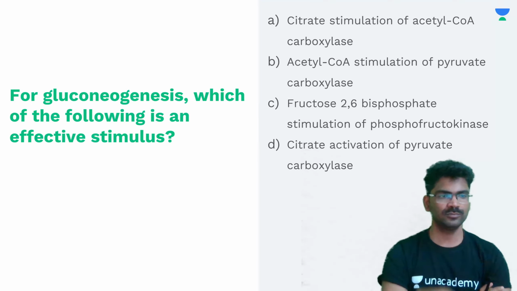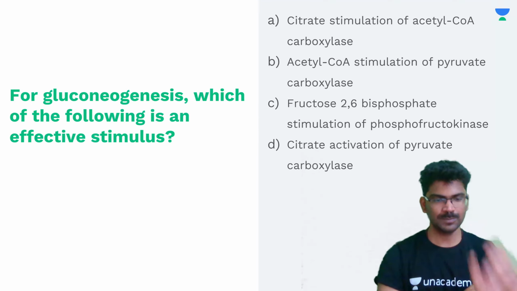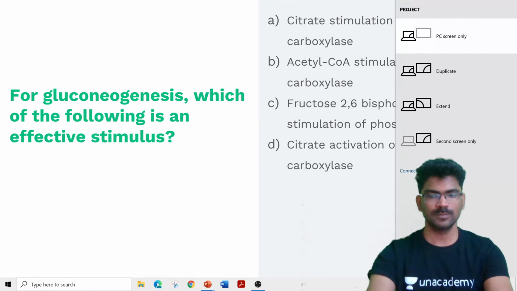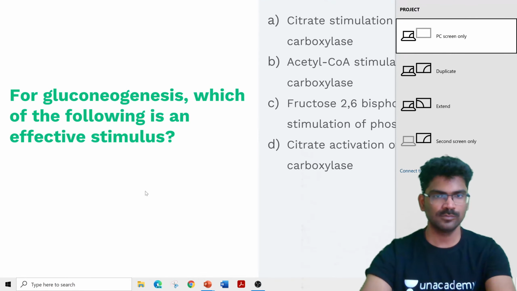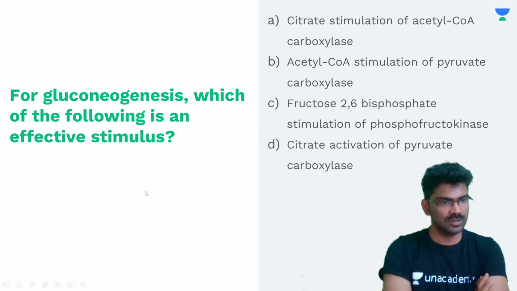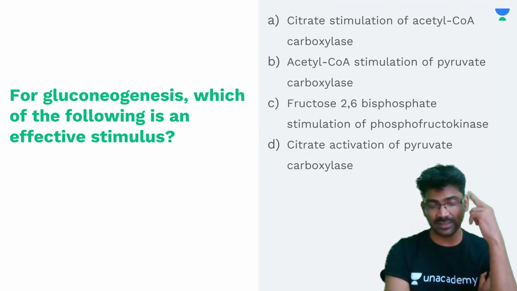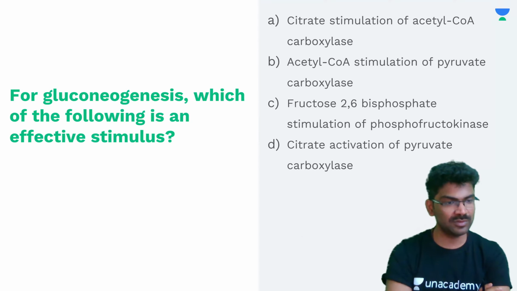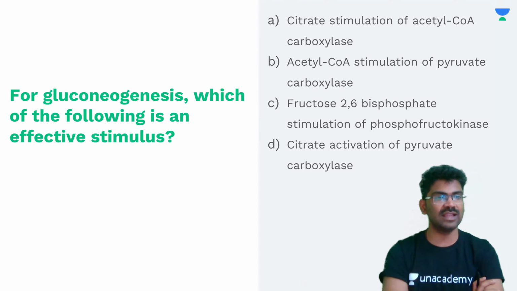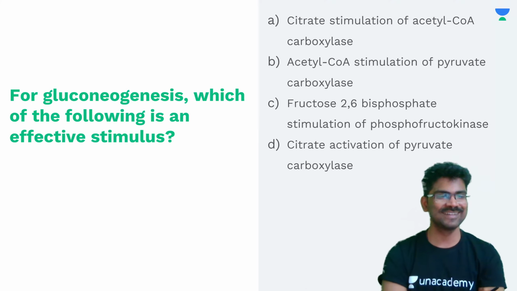Tell me, what is the answer? Sankeet is saying B. Sankeet was saying about the previous answer B, I think. Diya Ja is also saying B. I think that is all previous answers.